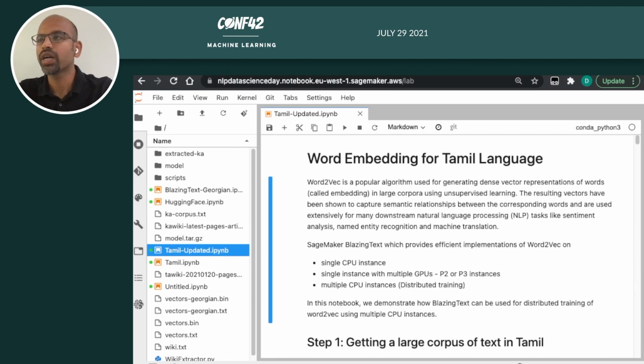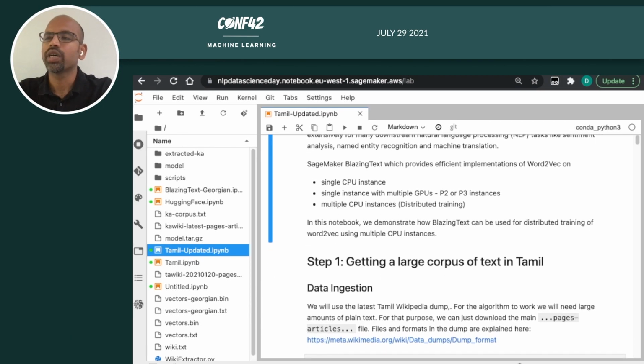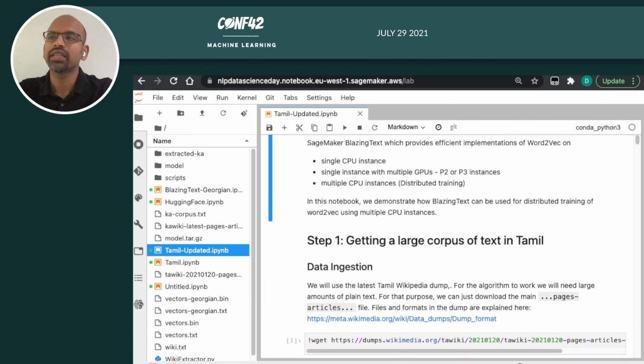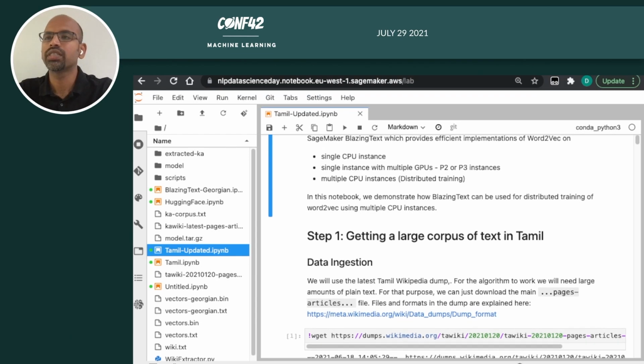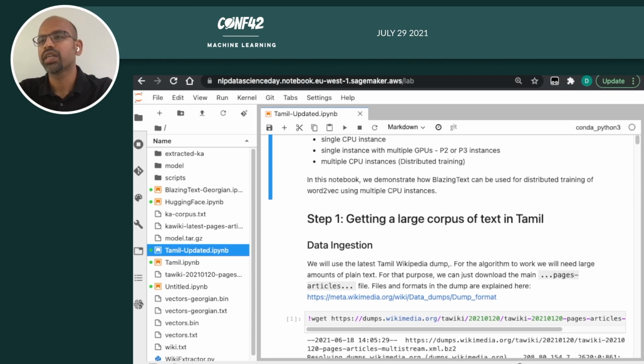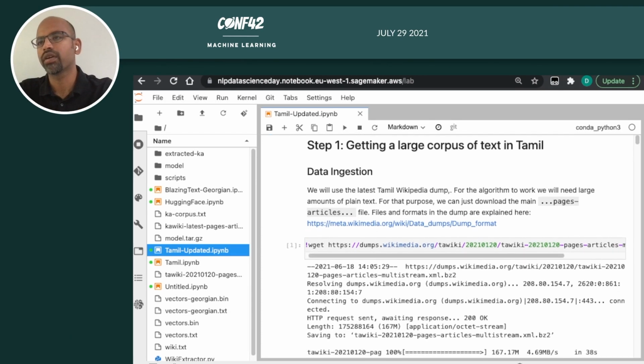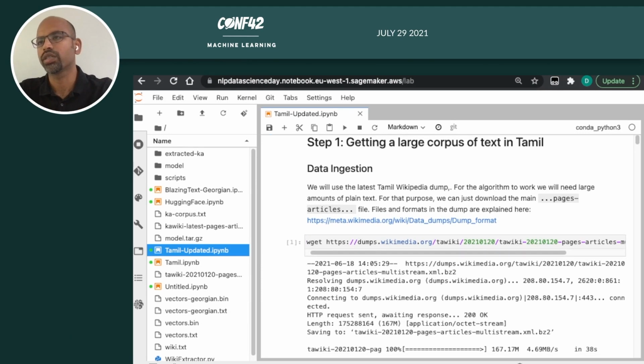Now, as I said, we are going to take a large corpus of text in Tamil. We will use this large corpus of text for data ingestion purposes. In this case, I have taken the dump from this particular URL. You could very well get it from whatever source of your choice.